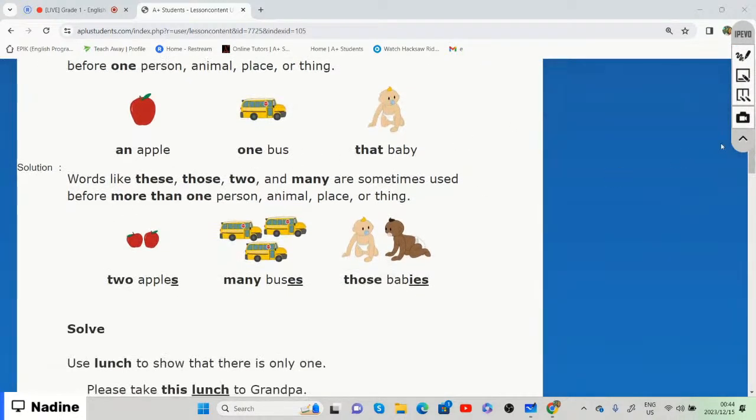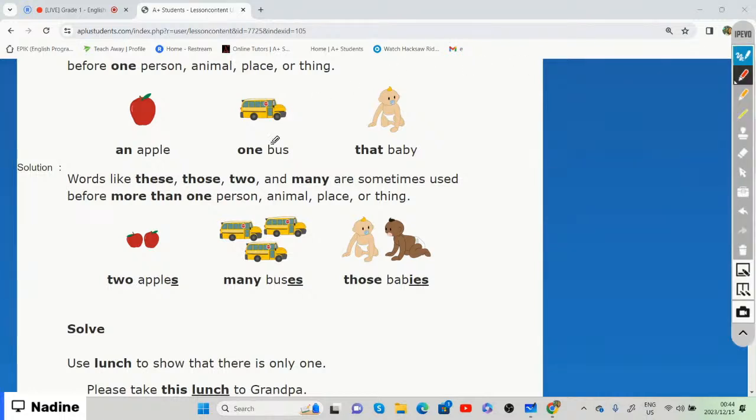Then words like these, those, two, and many. So these, those, two, and many are sometimes used before more than one person, animal, place, or thing, right?